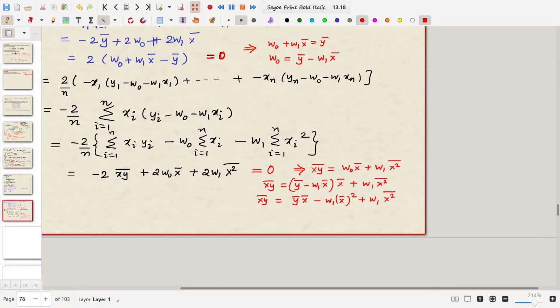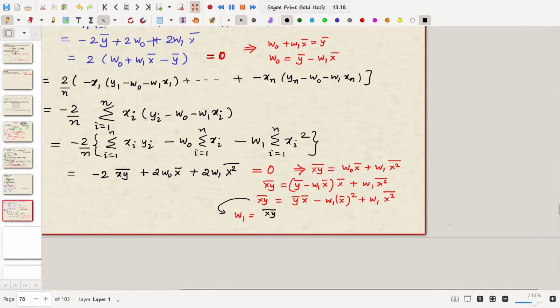Fine. So what is W1? Be very careful. This is a very important and very subtle thing on which many of you might make a mistake. Carefully see how I am writing this. I have to write everything in terms of W1.